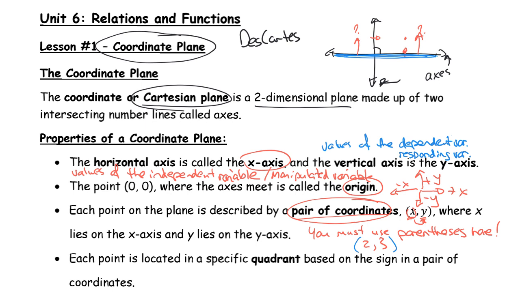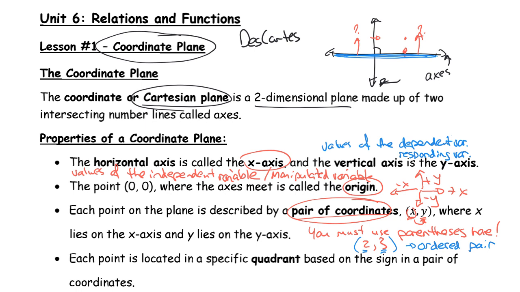That's really, really important. The parentheses turn this into what you call an ordered pair. The word ordered is because the first one is x, the second one is y. The reason why the first one is x and the second is y is because it's alphabetic. It's in alphabetical order.